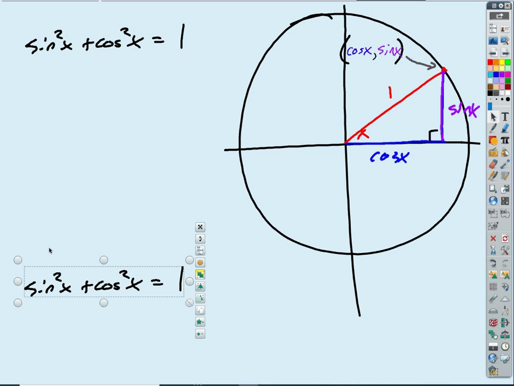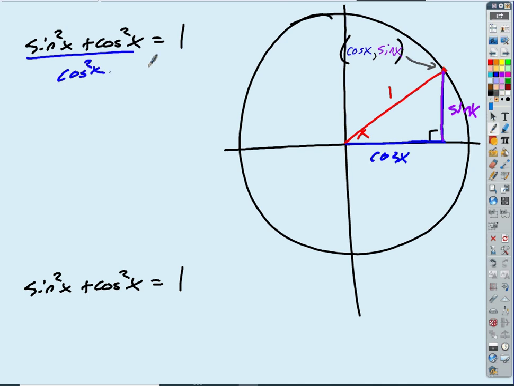so if we want to write this in terms of tangents and secants, what would I divide both sides by? Cosine, right? By cosine squared. Divide each side through by cosine squared. If I do that, look what I get.